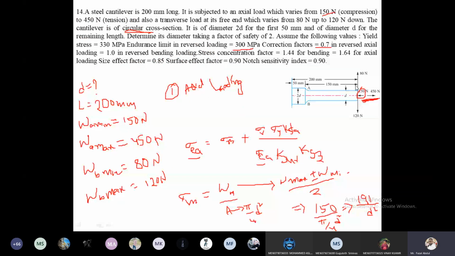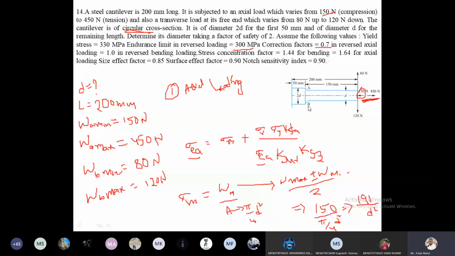Load into total perpendicular distance. Now, first I am calculating the value for the small d. Where is the small d? The small d appears up to this A and B section. For this diagram, the critical section is here only.